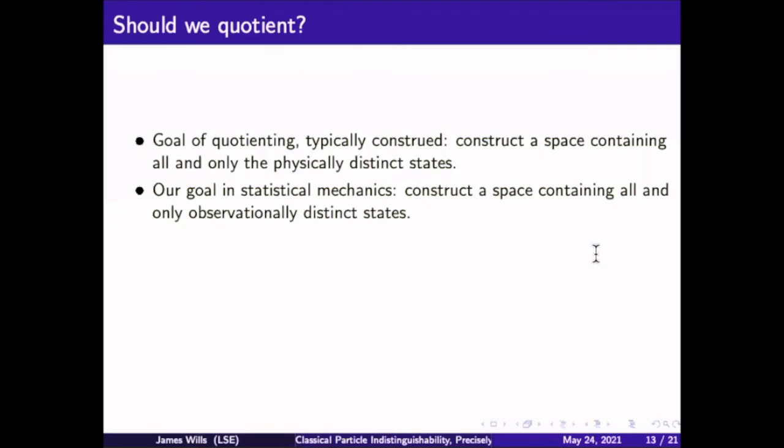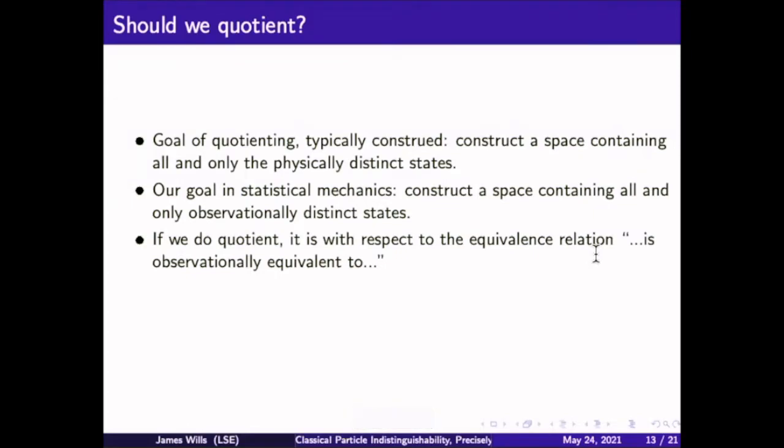What we're interested in is creating a sample space containing all and only observationally distinct states. If we're quotienting with the aim of creating a sample space, then we're quotienting with respect to a different equivalence relation than is typically assumed: observationally equivalent to. This is precisely defined by the definition in the previous slide.